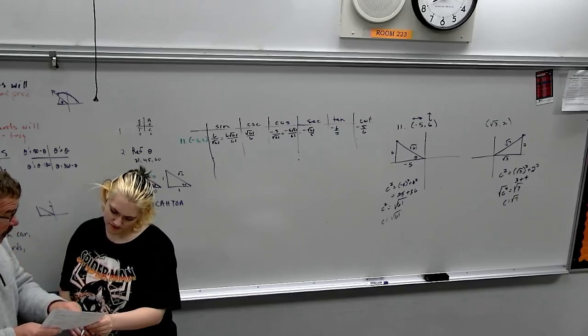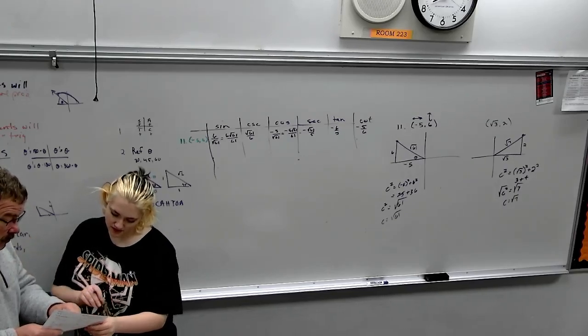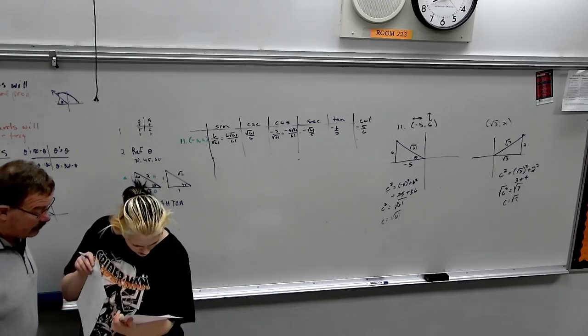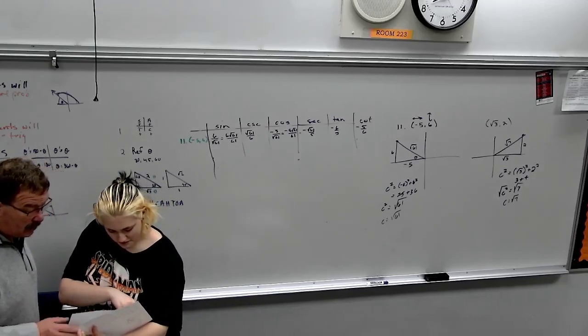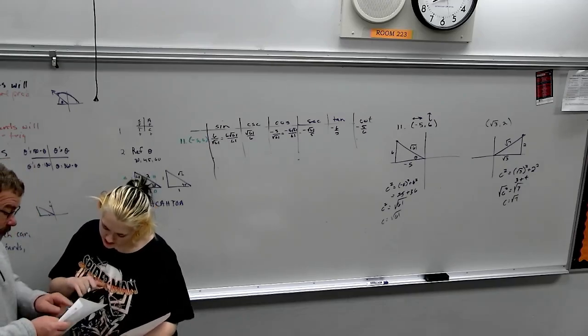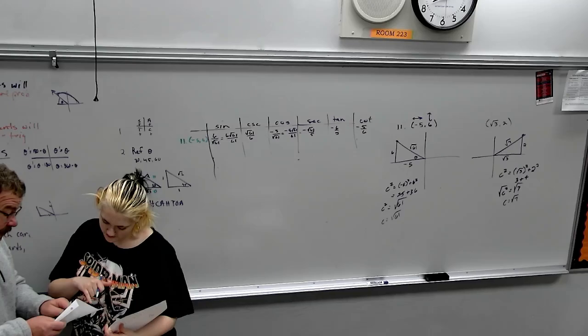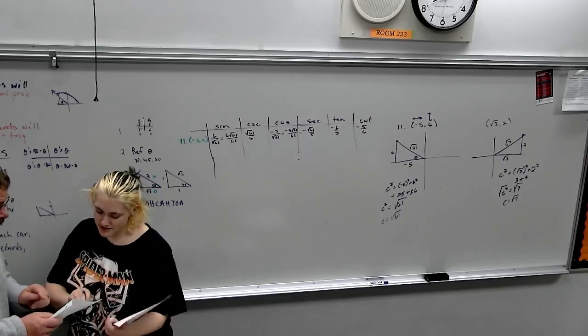Or unless you just graphed it wrong. If it was -4, -3 is what you should have. Oh, it's positive. So that means your answer should be over here. Or wait, +4, -3, it should be right here. But I did all my math.